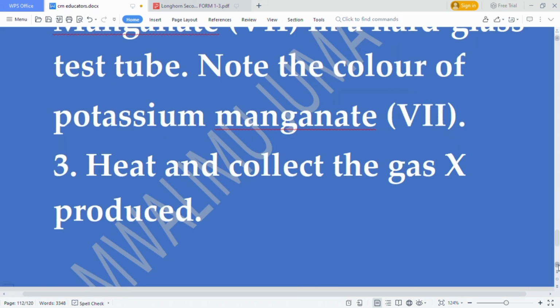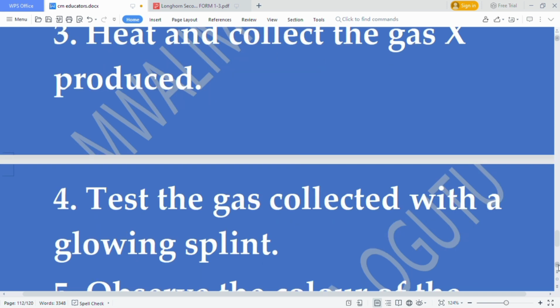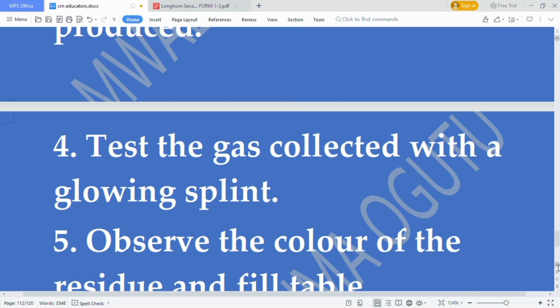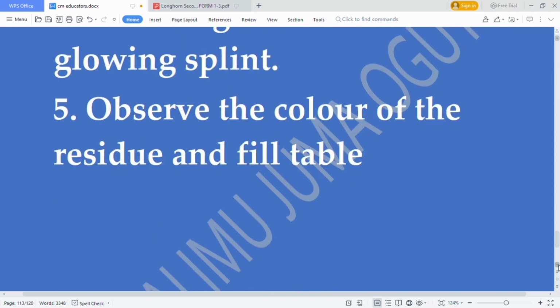But after the experiment, after the testing of the gas, we will know which gas it is. So we test the gas collected with a glowing splint. We observe the color of the residue and fill the table.